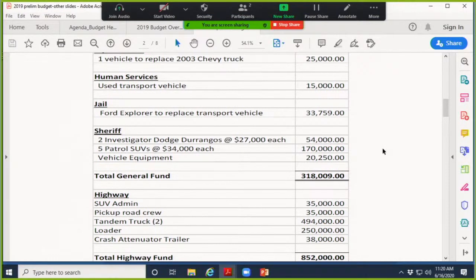Commissioner Heiberger? I have requests again. You know me, I jump on vehicles. So the equalization truck for $25,000, which is a 2003 Silverado. I would suggest we do not replace that. If you look at their maintenance schedule, it's all routine maintenance on there. I don't know what the miles are on it, but all of their work on it has been maintenance, oil changes.